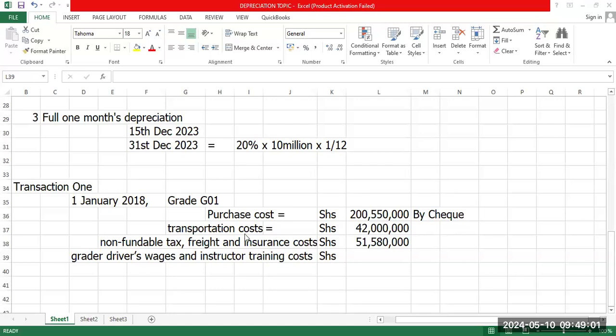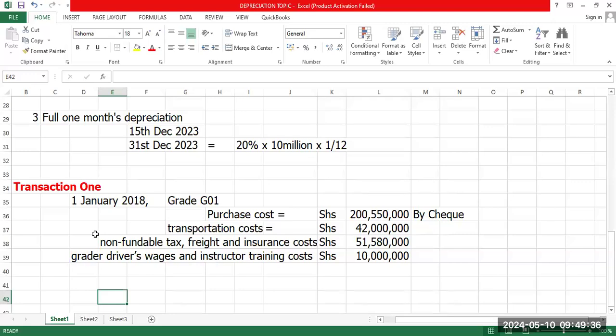We are analyzing what we are given in the transaction. Last question on transaction number 1. Okay, thank you. So for transaction number 1, these are the costs we have.